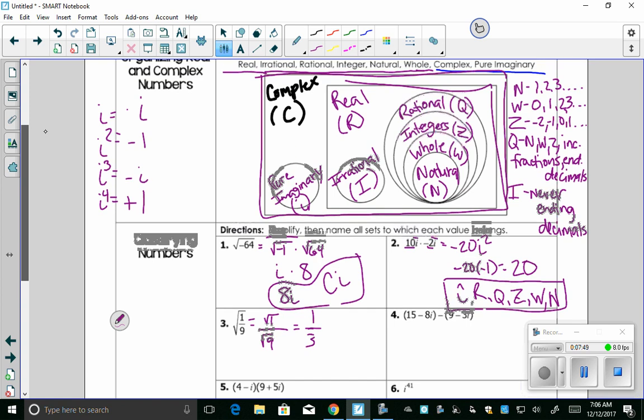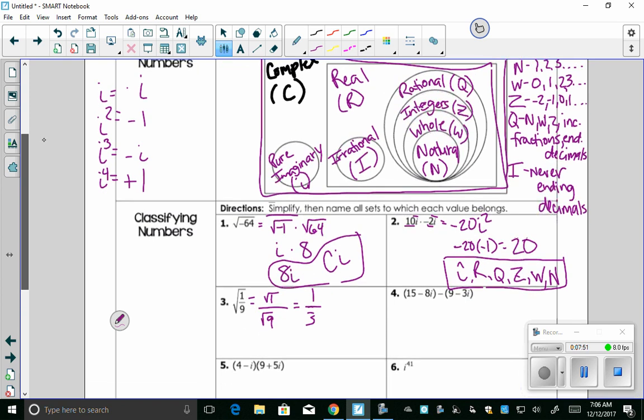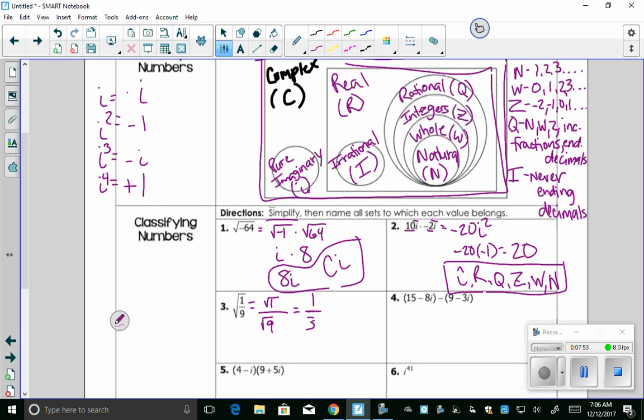If you go back and look at your list, you can say, well, it is complex. It doesn't have any imaginary numbers in it, so it's real. It's a fraction, so it's not irrational, so it's rational. But it's not an integer because it is a fraction. So it's just these.